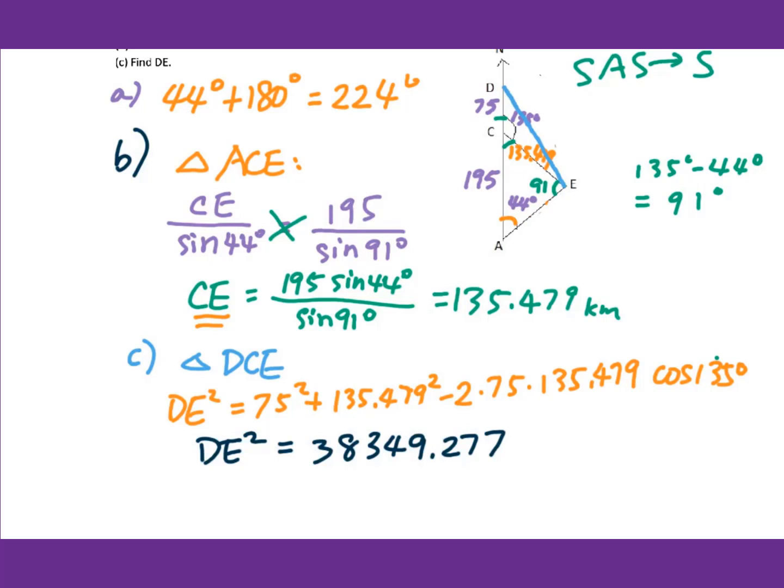After you get DE squared, you have to take the square root of both sides. Therefore, DE equals 195.830 kilometers will be the distance between D and E.